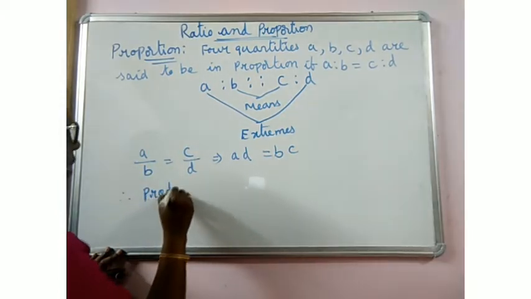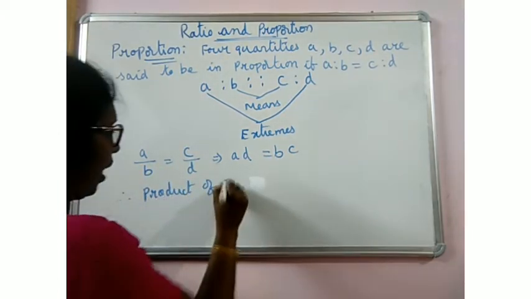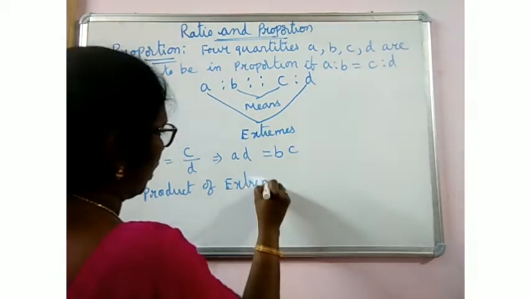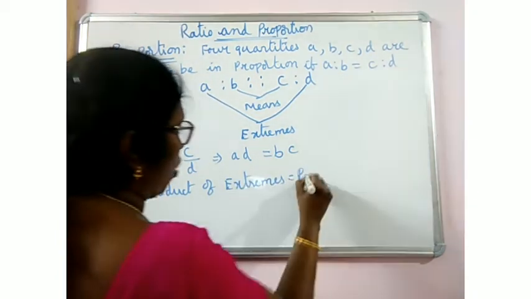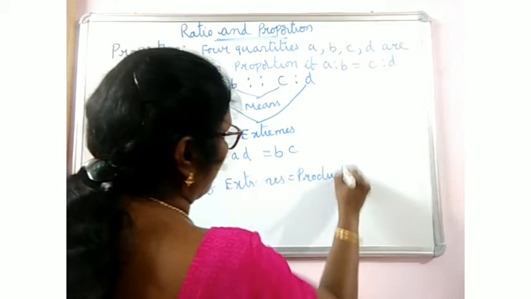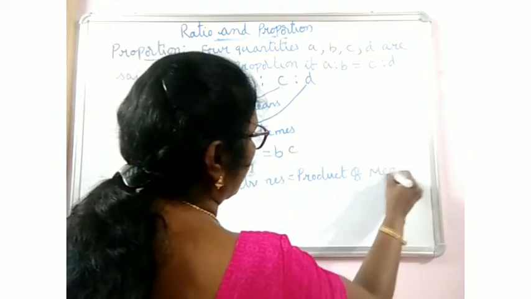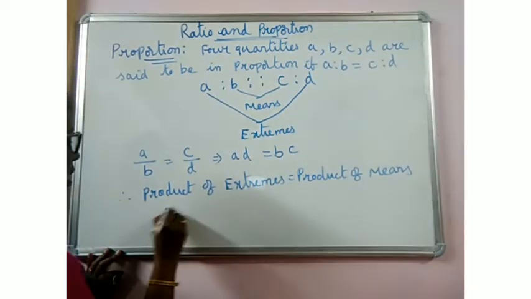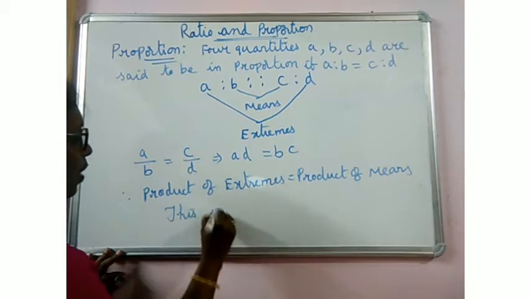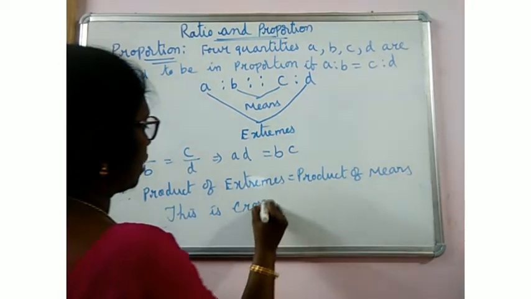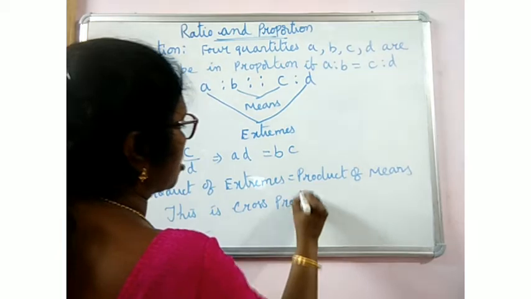Therefore, product of extremes is equal to product of means. And this is known as the cross product rule.